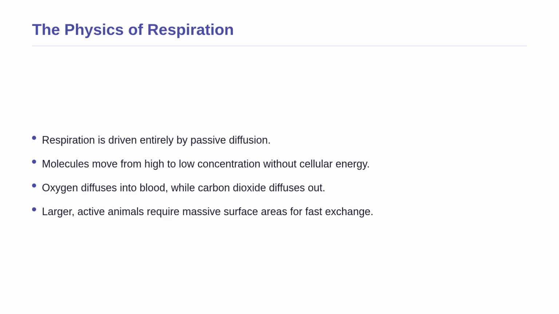To begin our journey, we must first understand the physics of respiration. Why do respiratory organs look the way they do? It all comes down to a process called passive diffusion. This is the natural movement of molecules from an area of high concentration to an area of low concentration, and it happens without the body spending any energy.